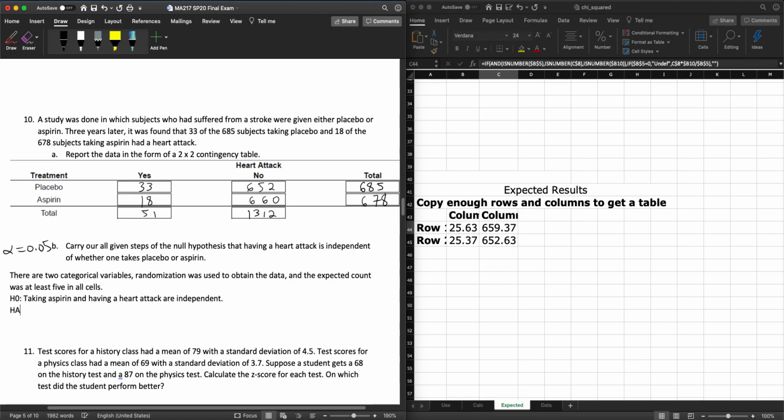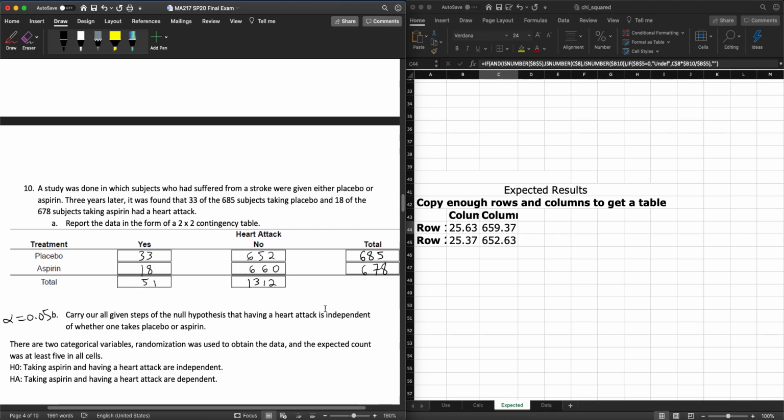Likewise, the alternative hypothesis is that taking aspirin and having a heart attack are dependent.